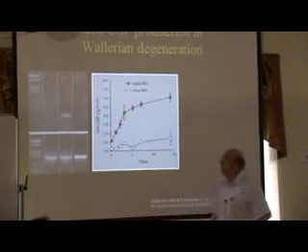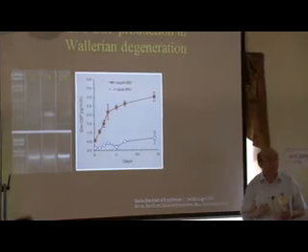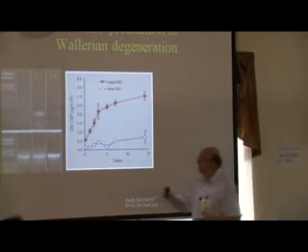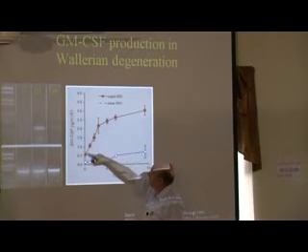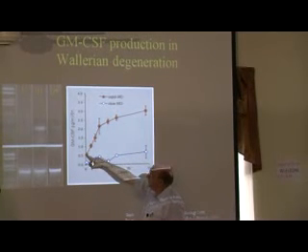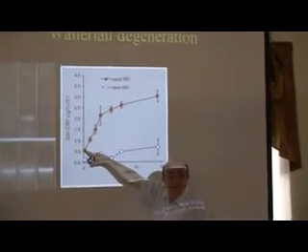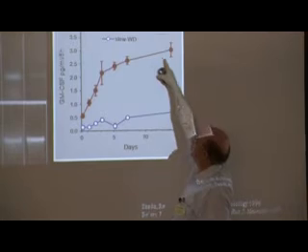If we look now at the time course of GM-CSF production after injury, the red here is normal Wallerian degeneration, and you can see that production is very rapidly upregulated within 5 hours, and this is the time course.